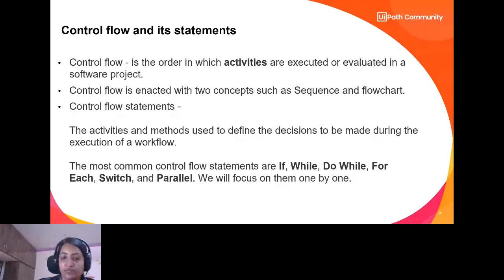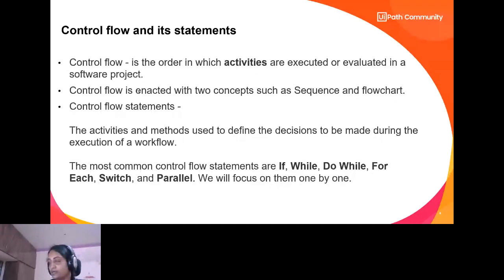And just the way I have shown you in the workflow, you can take your control back to the previous activity and then use some decision making statements to break that loop. All those things we can use, but the control flow statements are if, while, do while, for each, switch, and parallel. So we'll see one after the other.